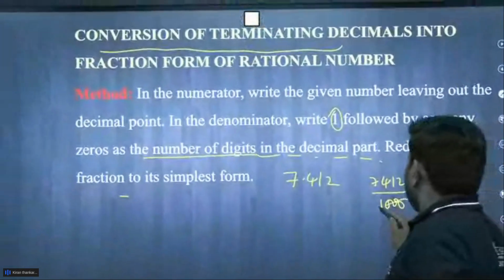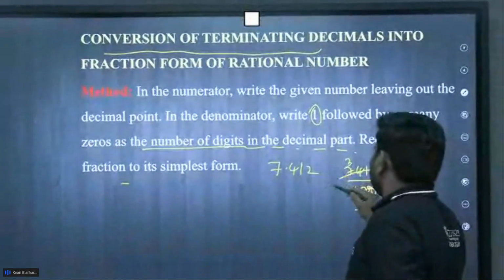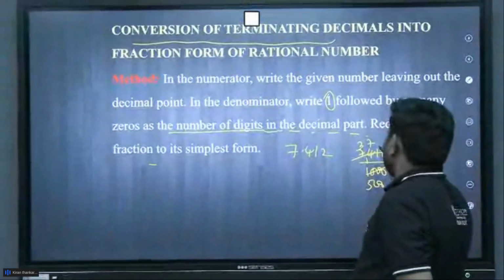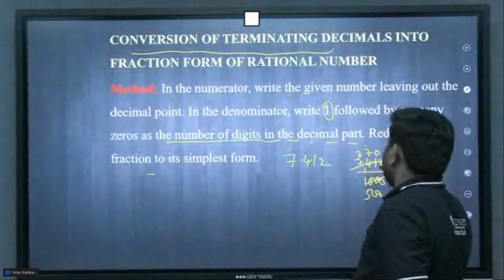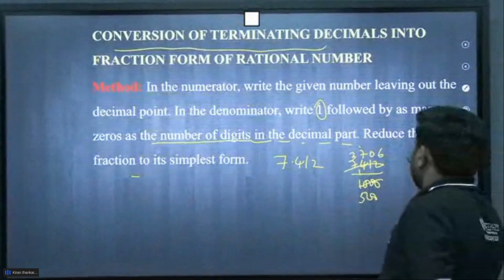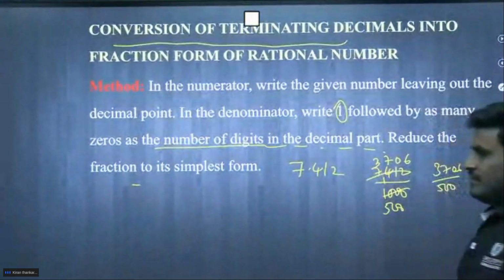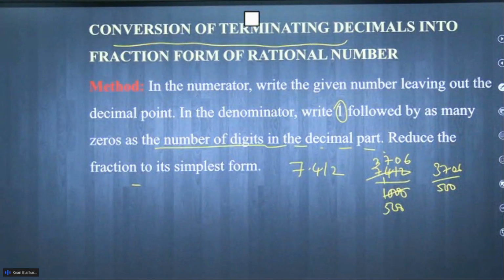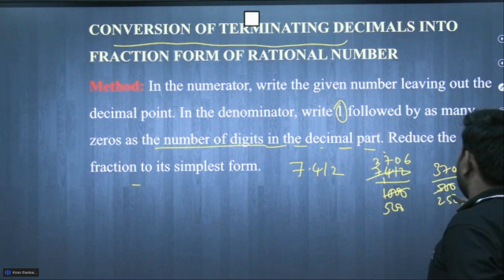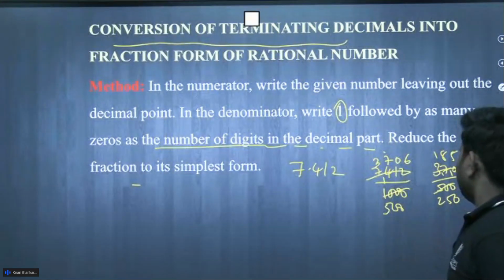Dividing by 2 gives 3706 by 500. Simplifying again, 2 ones are 2, 2 8s are 16, we get 1853 by 250.